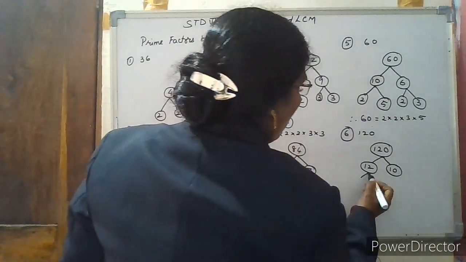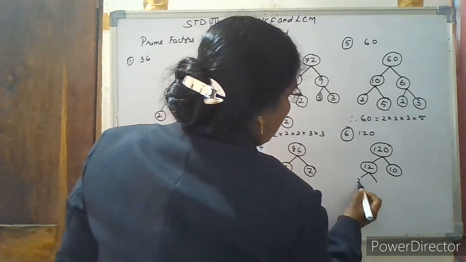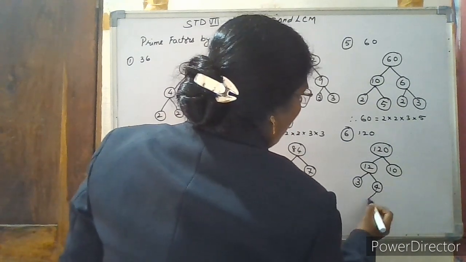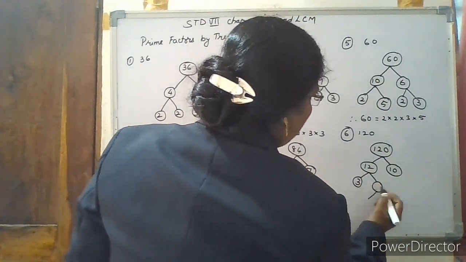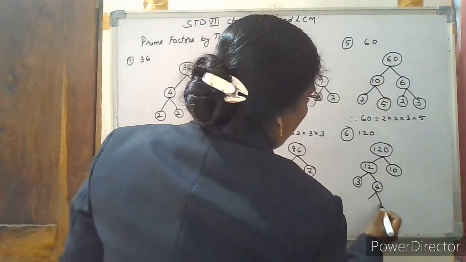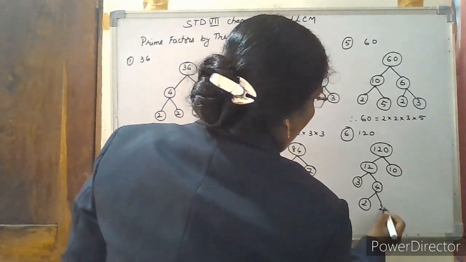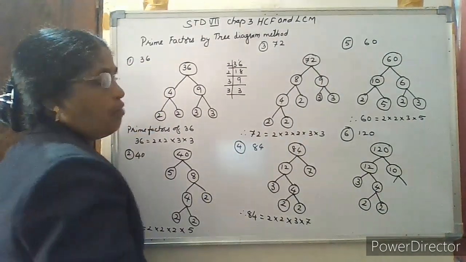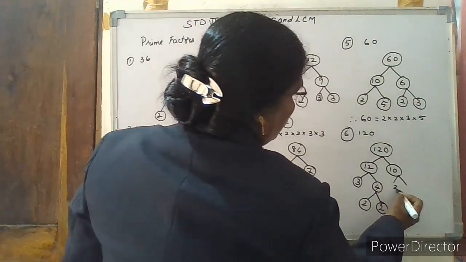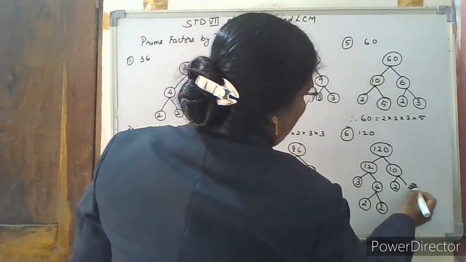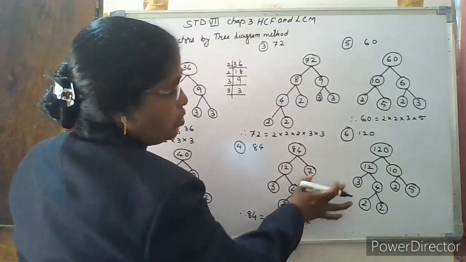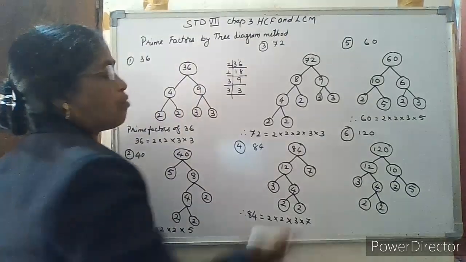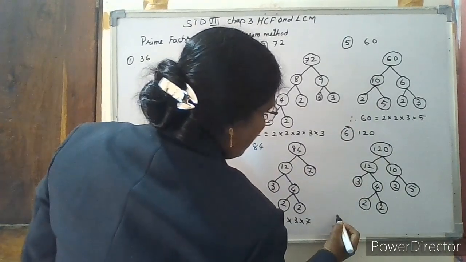Now 12, 3 fours are 12. 4 can be factorized as 2 twos are 4. This 10 also can be factorized again as 2 fives are 10. So these 3, 2, 2, 2 and 5 are the prime factors of 120.